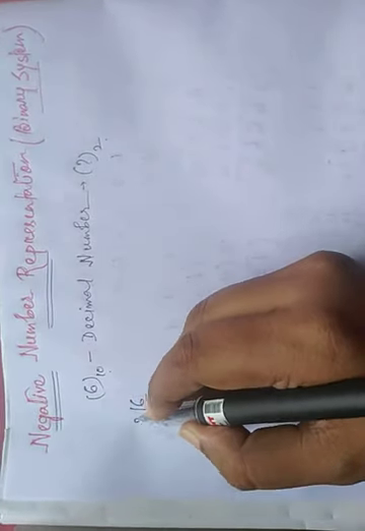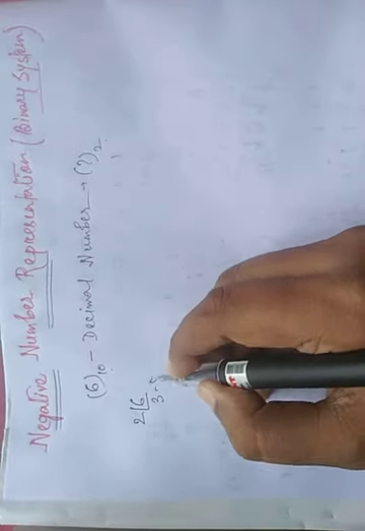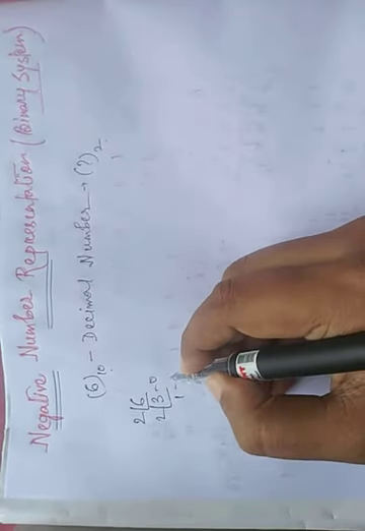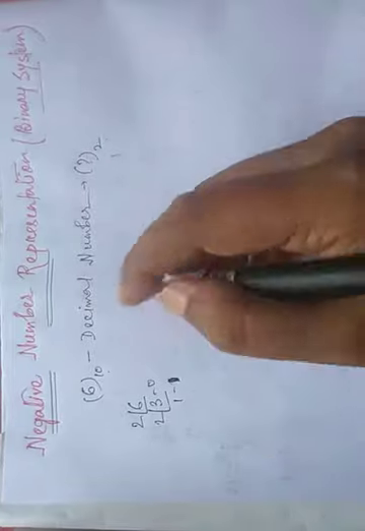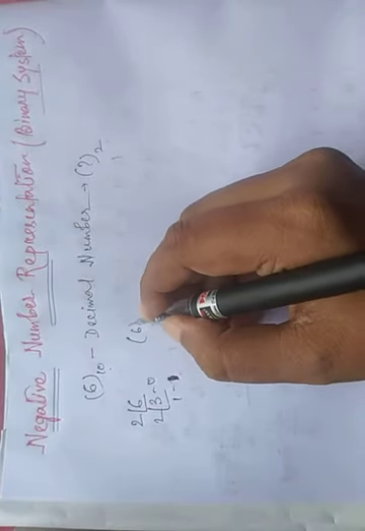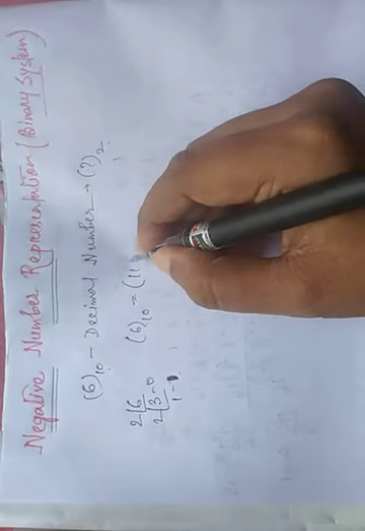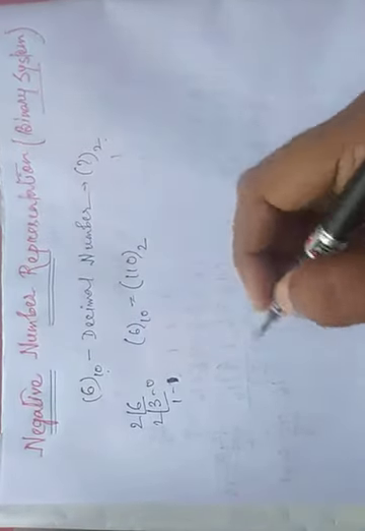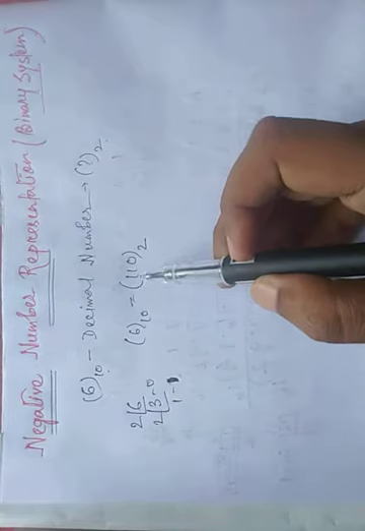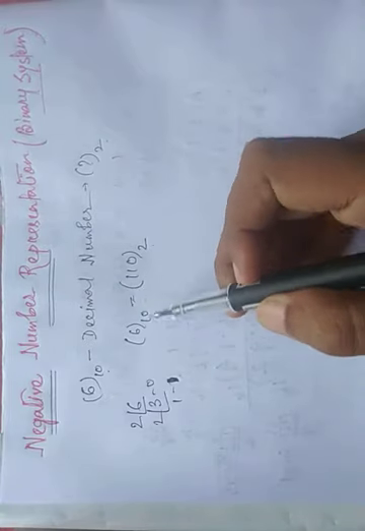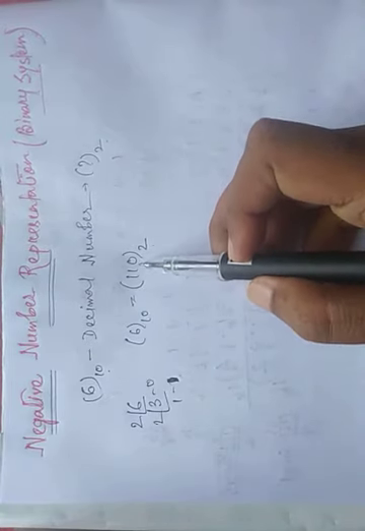We have to divide it by 2 repeatedly. Then 6 base 10 becomes 110 base 2. So 6 base 10 equals 110 base 2. That means it's the binary form of 6.